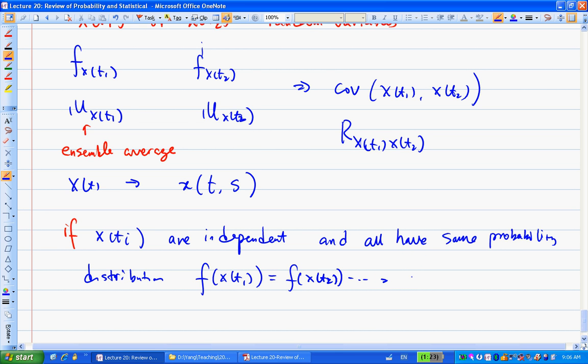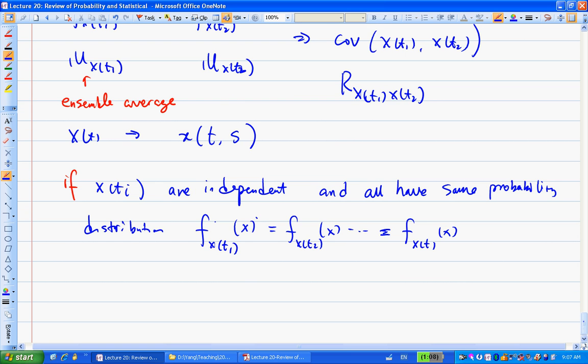So all have the same thing. We use a subscript: f of t1 for the x here, f of t2 for the x. So they all have the same probability distribution here.